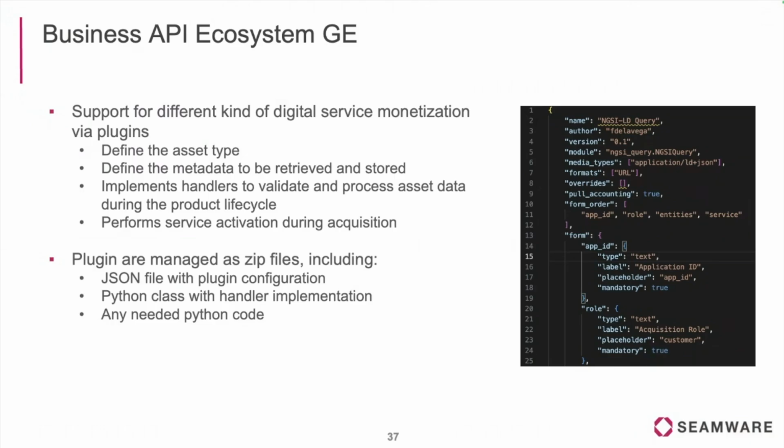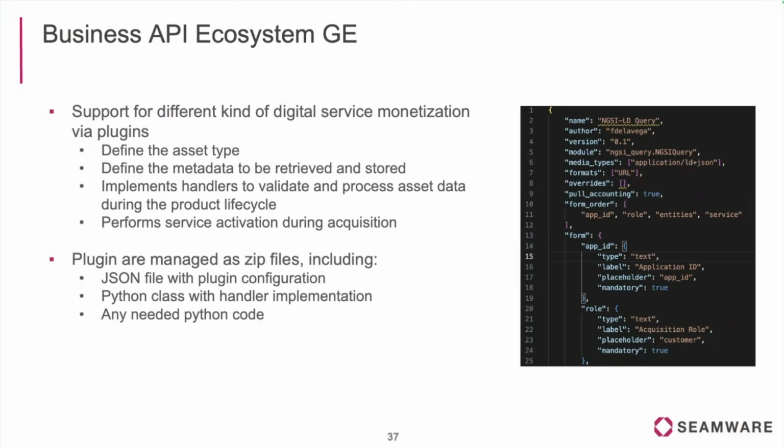The idea is that these extensions include all the code that is coupled or specific to the particular service type that you are selling. So, for example, if we are selling queries to a context broker and our security system is role-based, this is going to include the code that knows how to add the particular role to the particular customer who has purchased this.